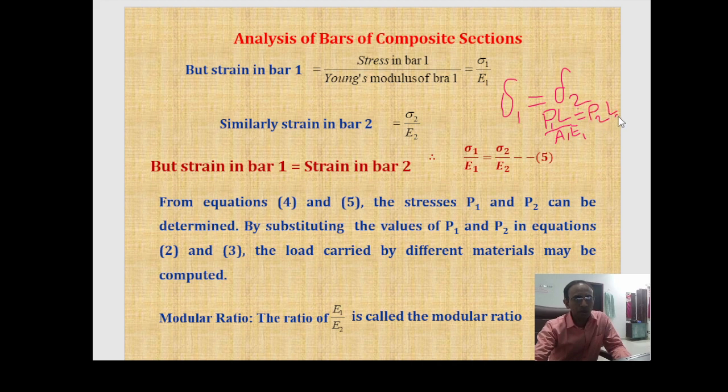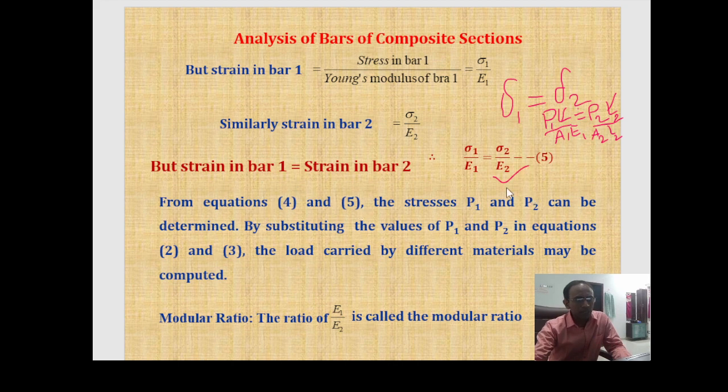When you cancel out the length, because P by A refers to the stress, you will be getting sigma 1 by E1 equal to sigma 2 by E2.